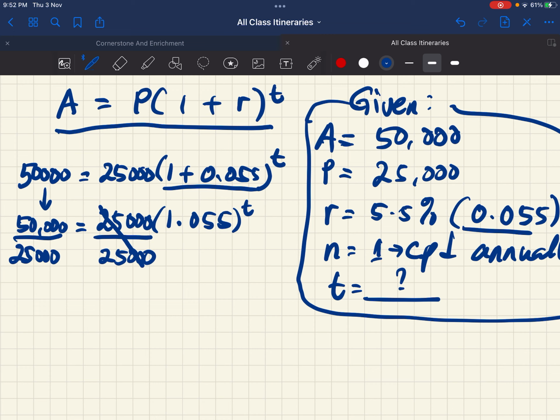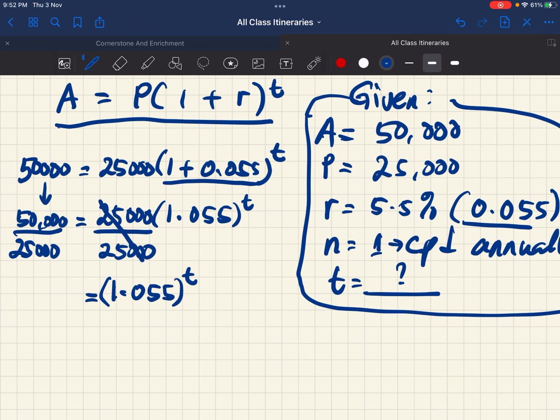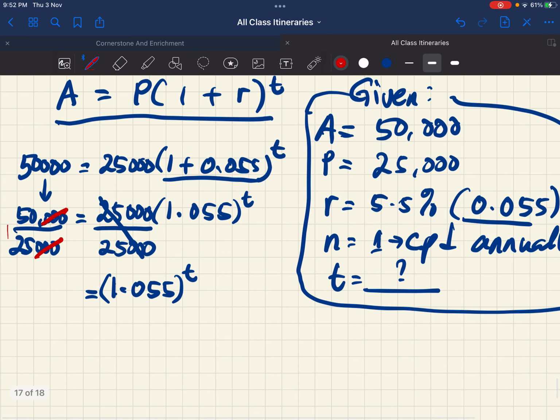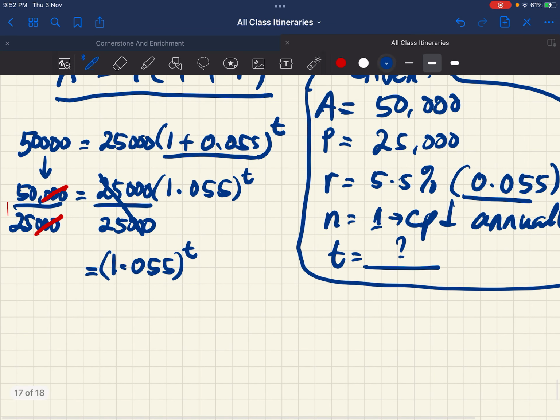Then we cancel this out. What is left on the other side is only 1.055 raised to t. And on this side, cancel 3 zeros, you only have 50 divided by 25, which is simply 2.